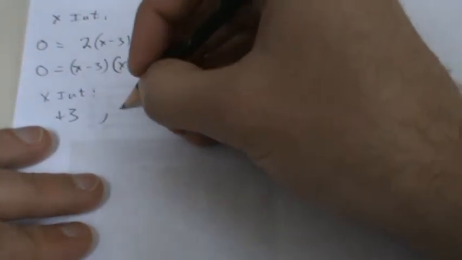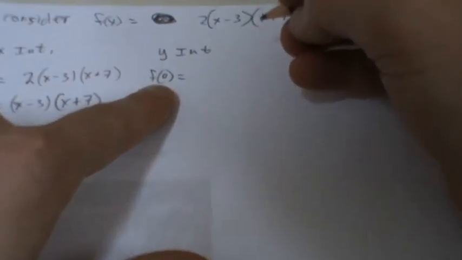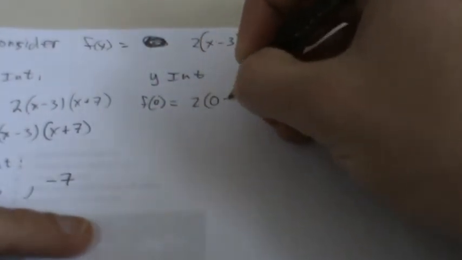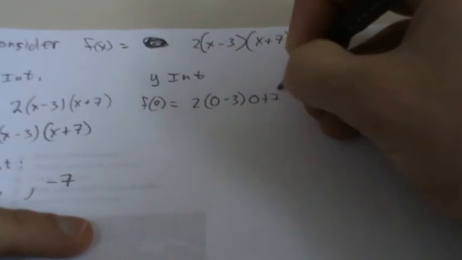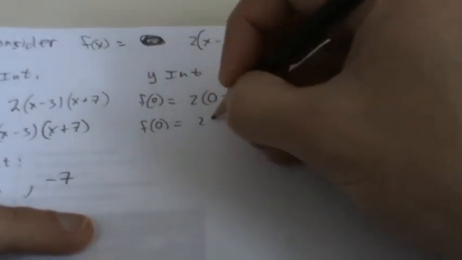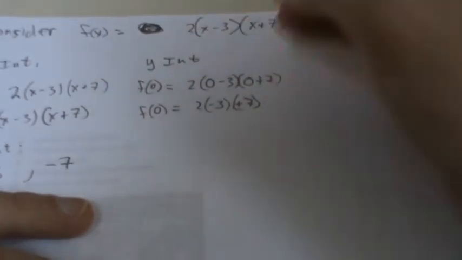Then I've got the zero product property, so my x-intercepts are positive 3 and negative 7. Y-intercept. Remember, to find the y-intercept, I evaluate f of 0. And so it's 2 times 0 minus 3 times 0 plus 7. F of 0 is 2 times the negative 3 times 7, negative 42.